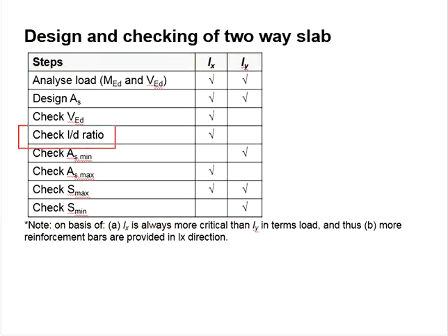Checking for the deflections, we are looking at the shorter span. This table also summarizes what we have discussed just now regarding the checking for the As minimum, As maximum, maximum spacing, and the minimum spacing. If you know the concept, you will know which one will be more critical in which directions.